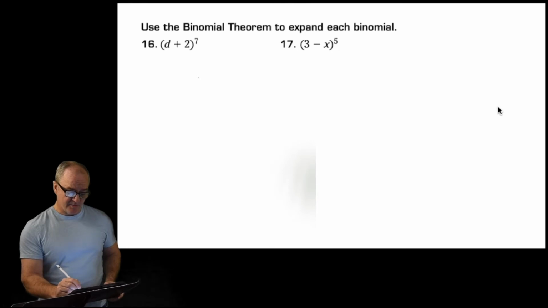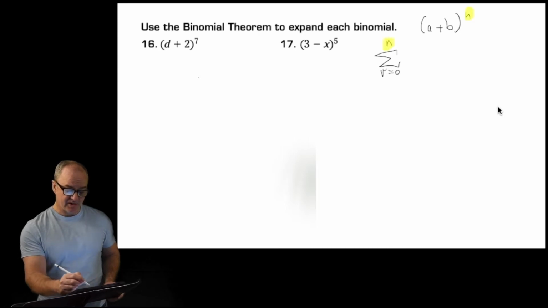But the binomial theorem says that if you're starting with (a + b) raised to an nth power, you can treat the expansion like a series that always starts at 0, goes out, starts at 0 with an r on the bottom and an n on the top, where n is your counter and n is also the degree of the polynomial, the degree of the binomial, which you're going to raise it to.